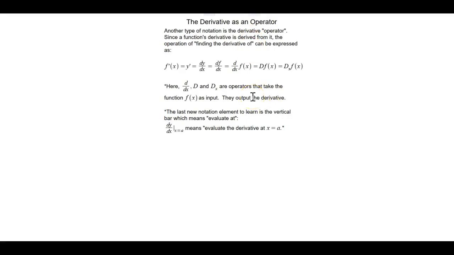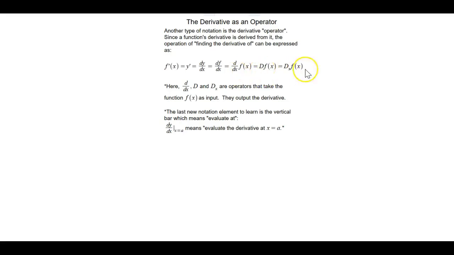So since the derivative is derived from the function, you can think of it as there being a differentiation operator that acts on a given function. So here are other notations that express finding the derivative as the differentiation operator. This notation, d dx of f of x, means take the derivative of f of x with respect to x.